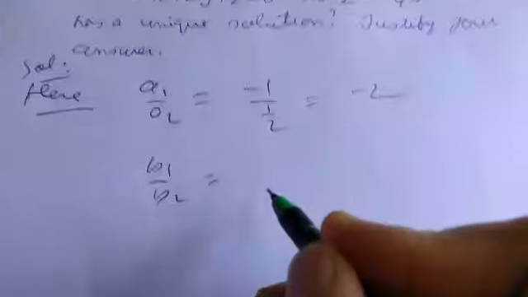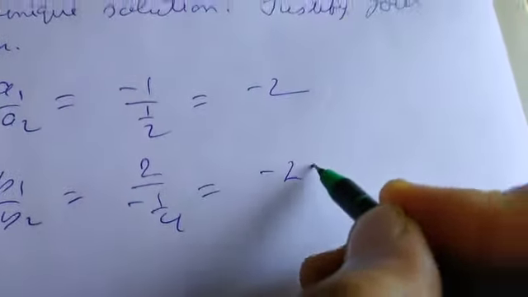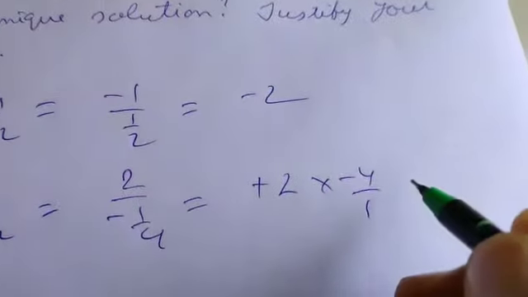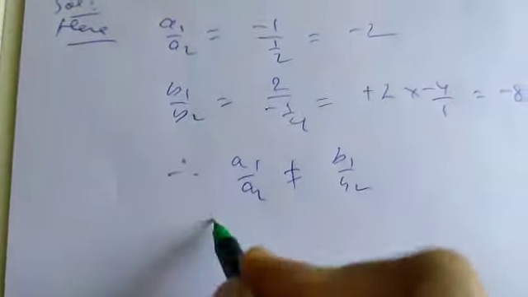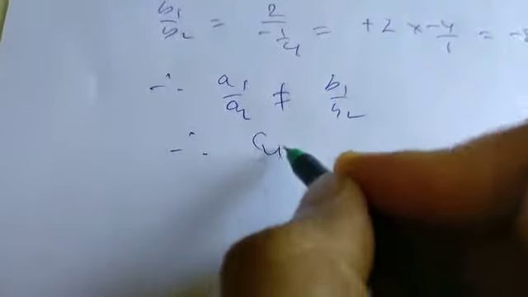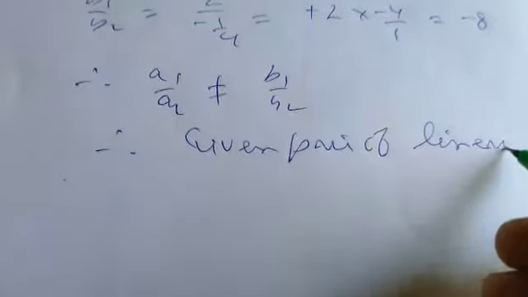Here a1 by a2 is equal to minus 1 over 1 by 2, and that is equal to minus 2. b1 by b2 is equal to, what is our b1? 2 over, what is b2? Minus 1 by 4, that is equal to 2 into minus 4 by 1, that will give us minus 8.